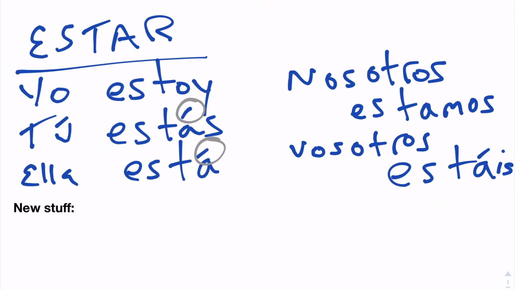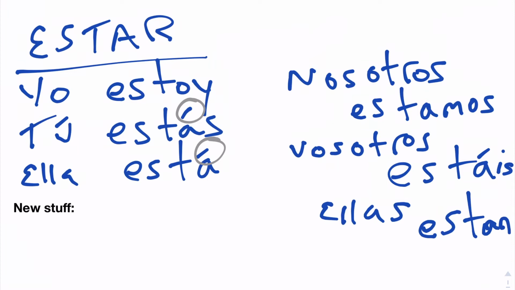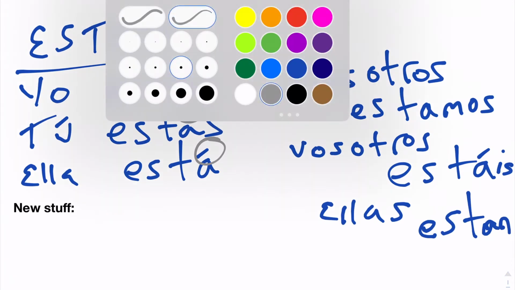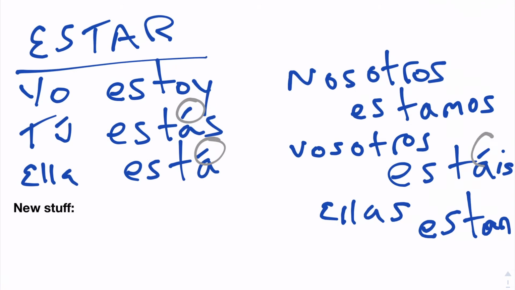And then the ellos, ellas, ustedes form is están. También tenemos los acentos aquí y aquí. All right, so you need to know that before we move on to the new lesson here.